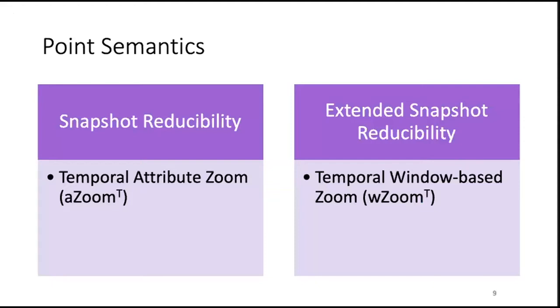Its result can be computed by applying non-temporal attribute-based zoom to each snapshot of the graph. On the other hand, W-zoom makes explicit reference to time, and so is based on the principle of extended snapshot reducibility, where timestamps are made available to operators by propagating time as data.